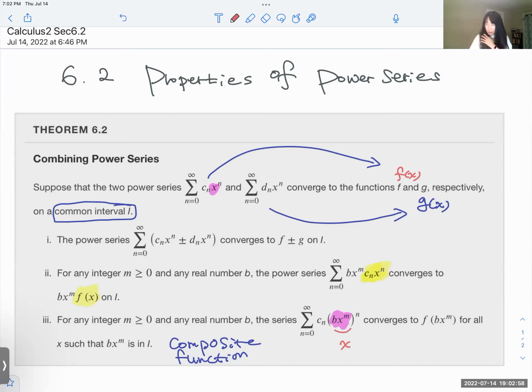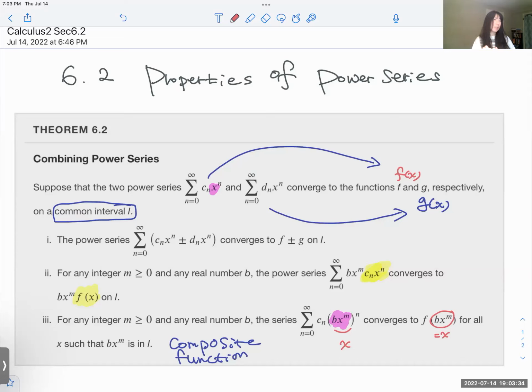Then look, we have this series converging to the f of x, right? So this whole thing converges to the f of x, but x is b times x to the m, all right? So it's okay, right? It looks so hard, but it's not when we have an example, okay?